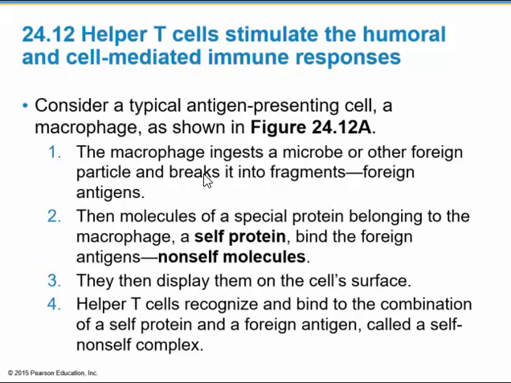A macrophage eats a bacterial cell and breaks it into fragments. Now, for these antigens, there are molecules of a special protein belonging to the macrophage called a self protein, which binds the foreign antigens and then displays them on the cell surface, creating a self-non-self complex. And helper T cells recognize and will bind to these complexes.